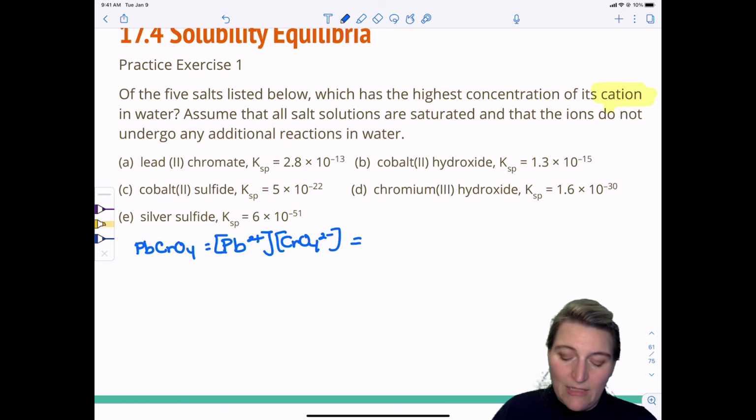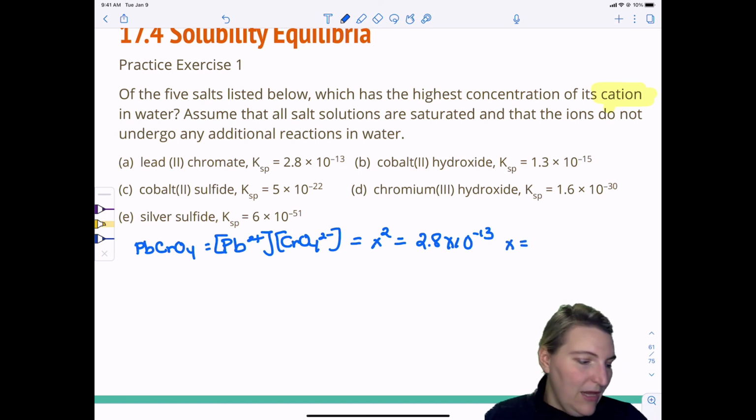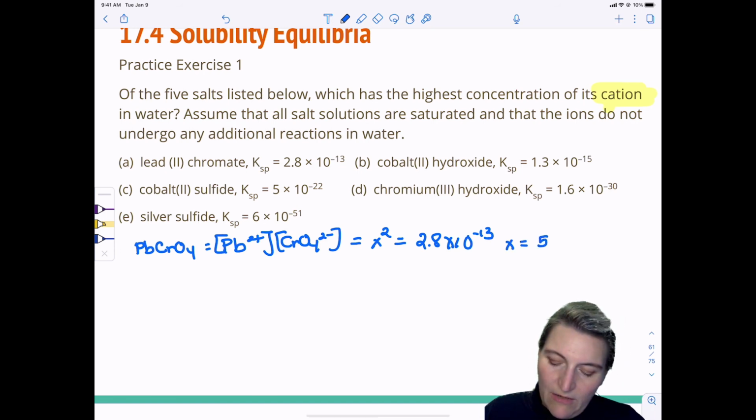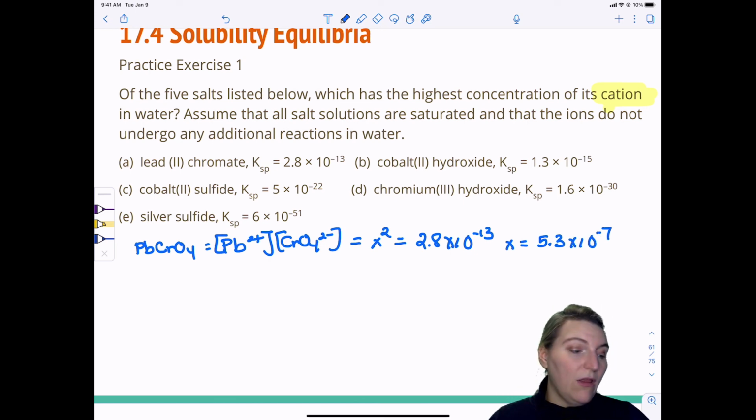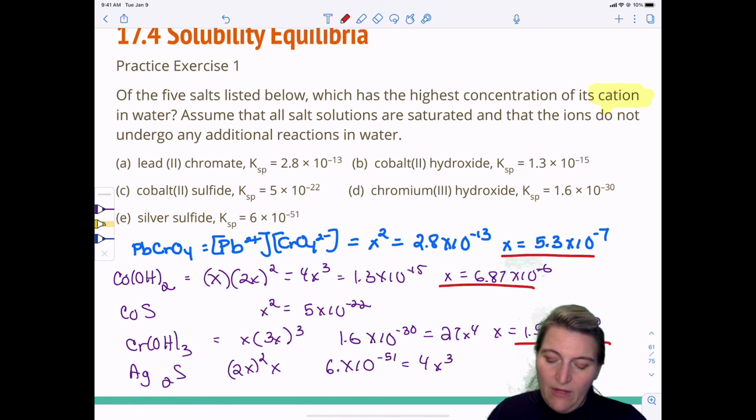Or basically this would be x times x, or x squared. So if x squared is equal to 2.8 times 10 to the negative 13, then x, which would be the cation, would be 5.3 times 10 to the negative 7. And I would do that for all of the other ions themselves. Okay, so if you look at what I did, I basically figured out what would be the concentration of those cations.